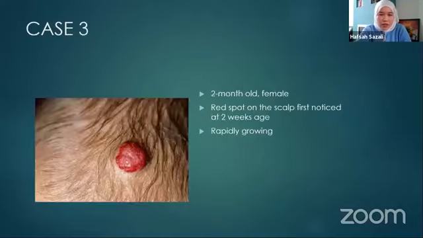And the third case is a 2-month-old female with a red spot on the scalp, first noticed at 2 weeks of age, which is rapidly growing at 2 months old. I'll be interested to know what your diagnosis is based on this case.